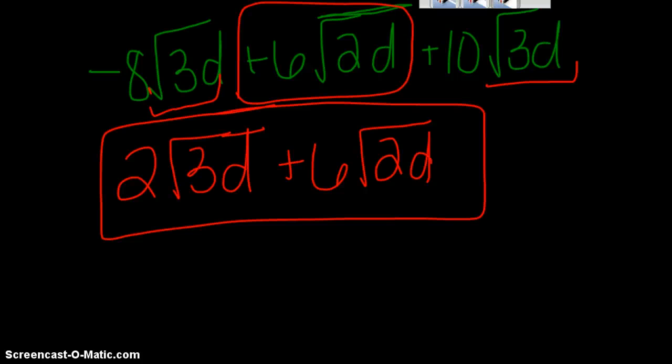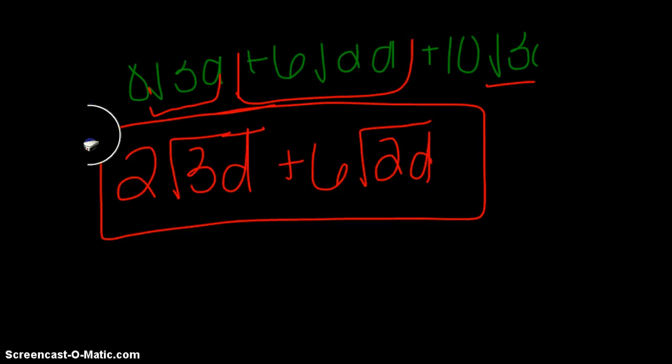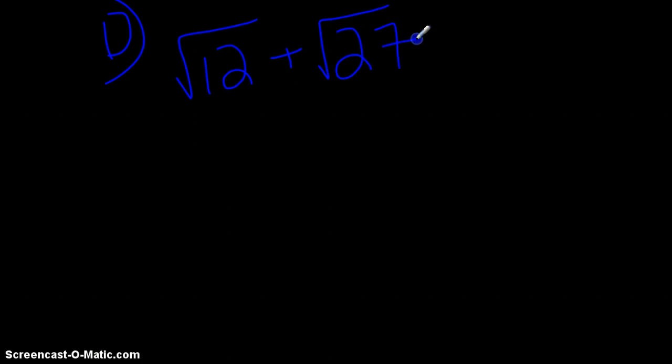Now sometimes you're going to have expressions that are being added that you have to simplify before you can add them. So, for example, this is example letter D. If I had root 12 plus root 27. Neither of those right now are as simplified as possible. So we want to get them first as simplified as possible.